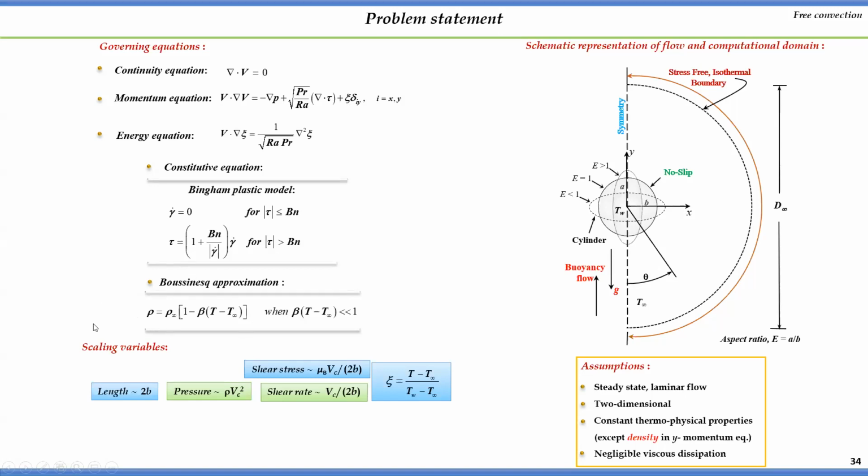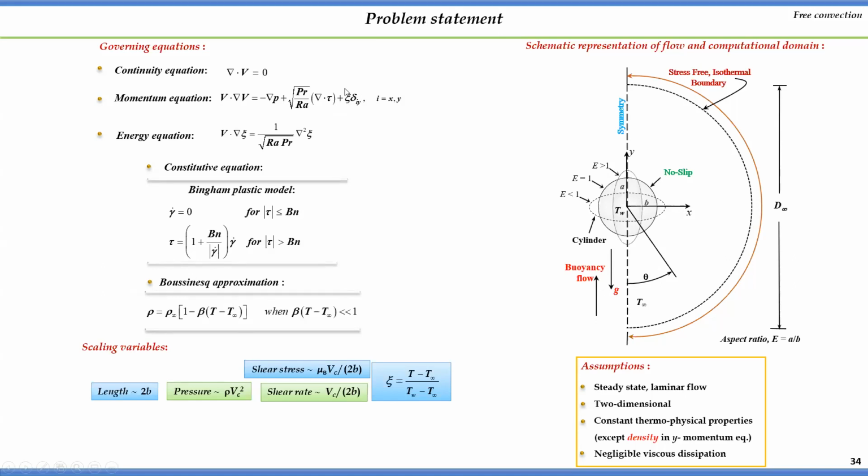It is applicable only over a narrow range of temperature difference. For a large range of temperature difference, we cannot say that density varies linearly with temperature. So with these assumptions, we are solving our equations for natural convection or free convection phenomena.